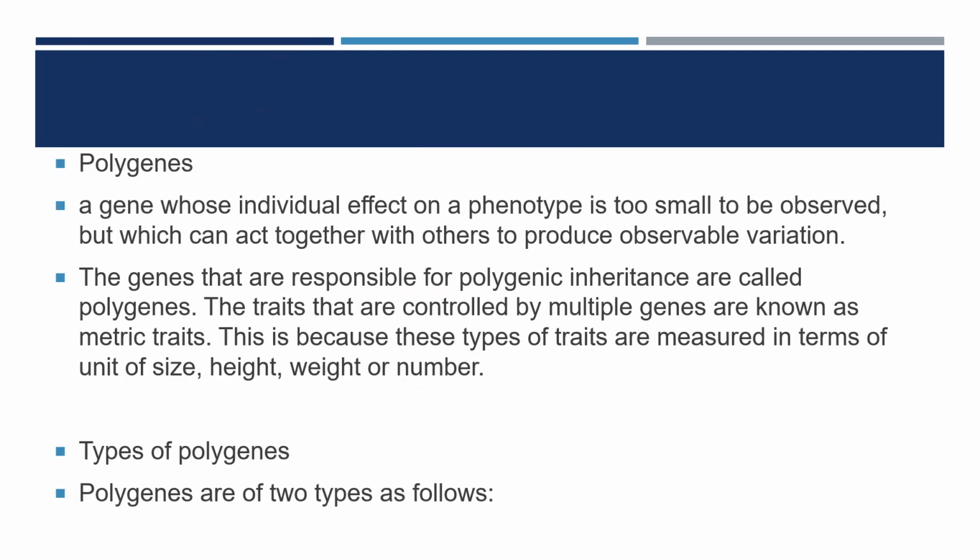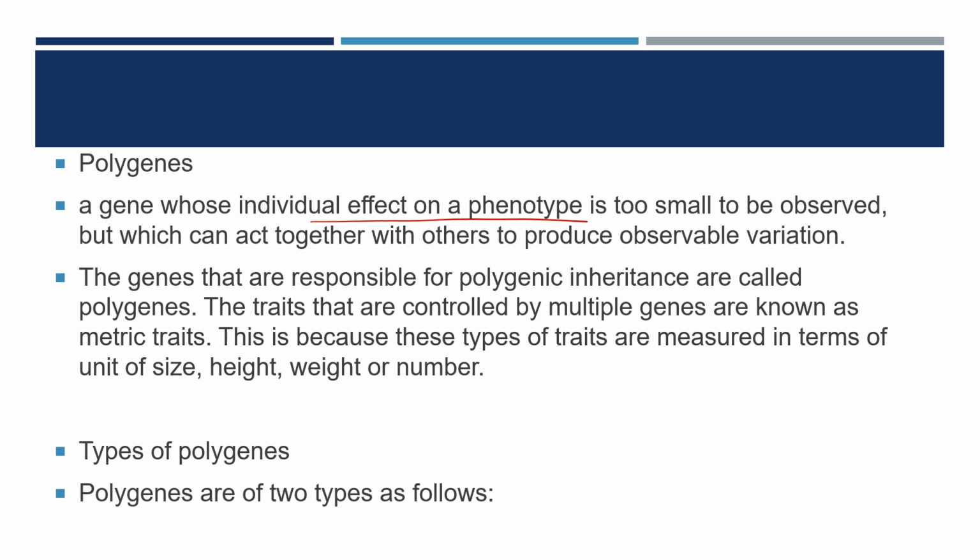Next comes, what are polygenes? A gene whose individual effect on a phenotype is too small to be observed, but which acts together with others to produce the observable variation. When it is acting alone, you can't feel its individual effect on the phenotype. It is very small.